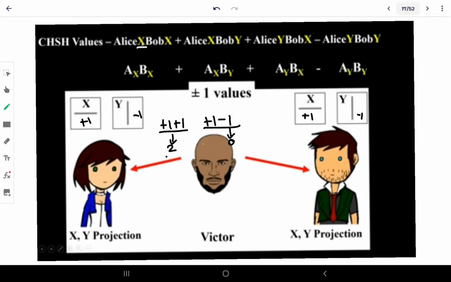Then AY and BX: Alice's value is Y, so minus 1, and Bob's value is X, so plus 1. Minus 1 plus 1 is equal to 0.